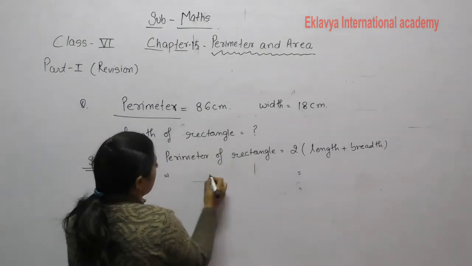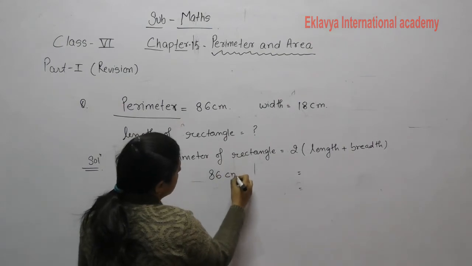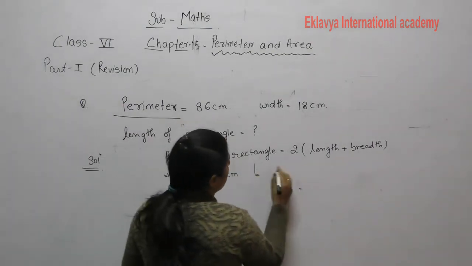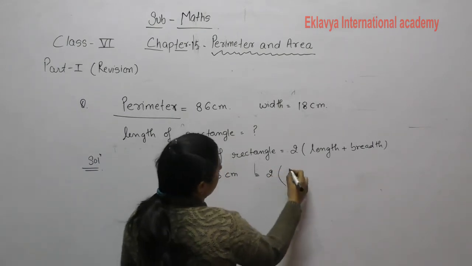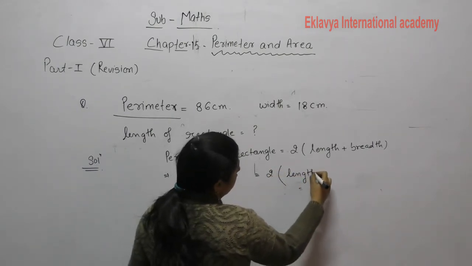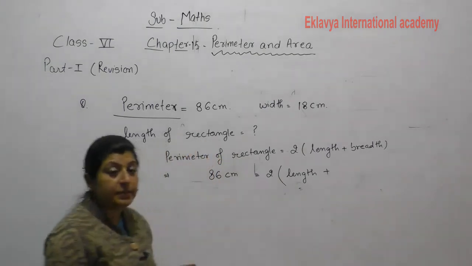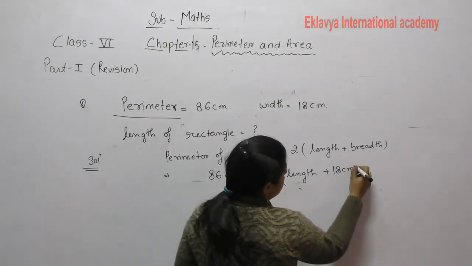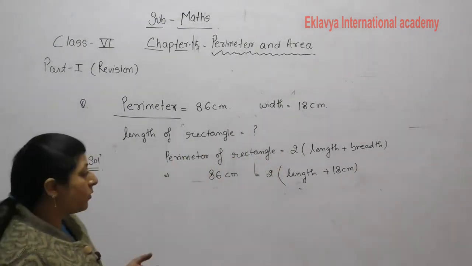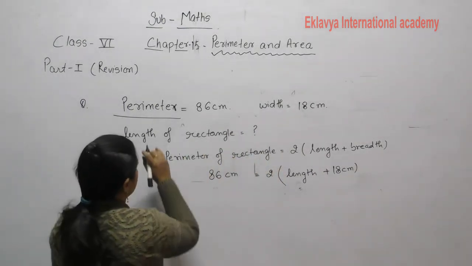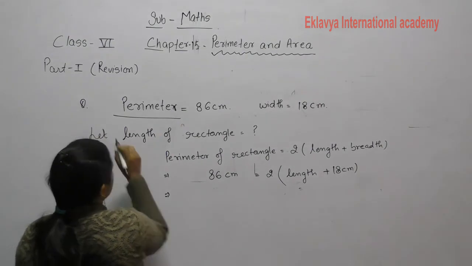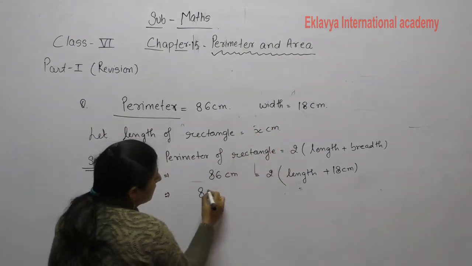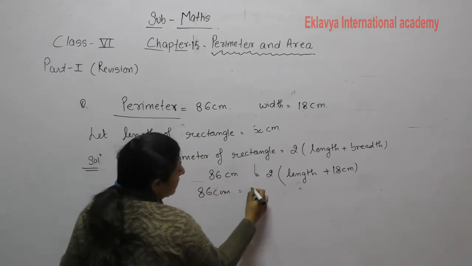Perimeter of rectangle according to the question is 86 centimeter. Now 2 multiply length, which we have to find out, or you can take length also x centimeter, plus width 18 centimeter. Now you can say let length of rectangle be x centimeter. So this becomes an equation.